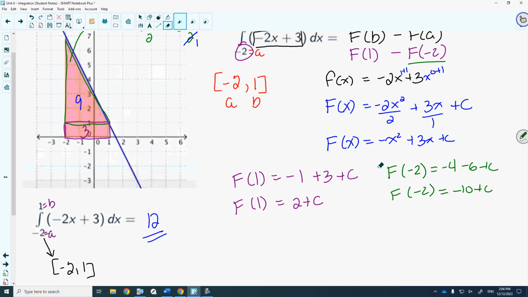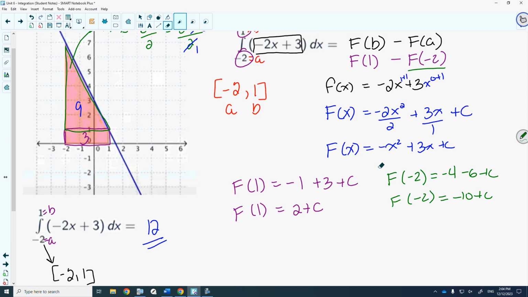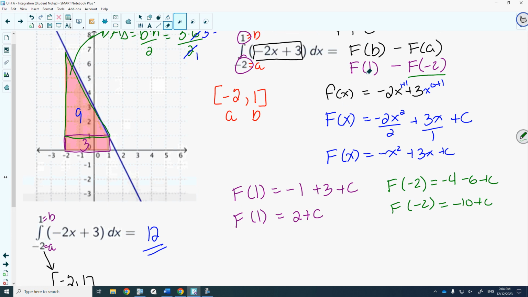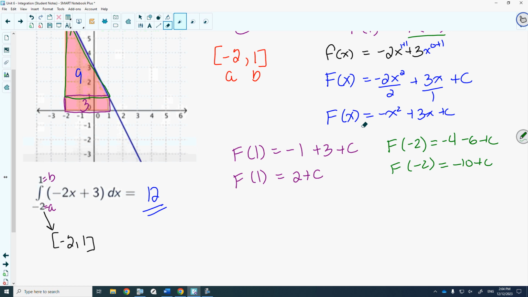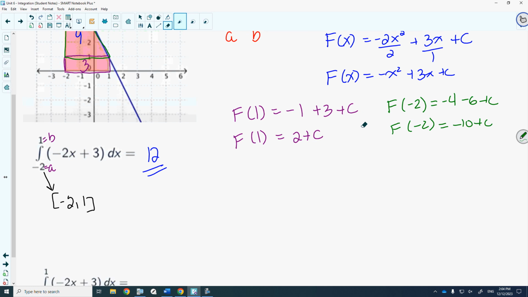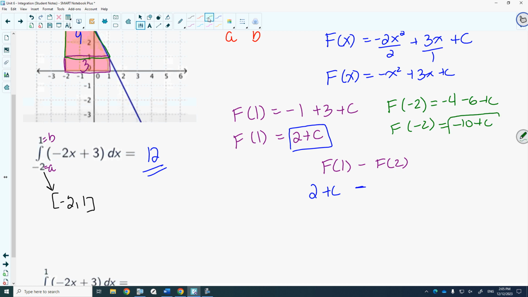Okay, so according to the fundamental theorem of calculus, we're going to get the area under the curve if we evaluate F of 1 minus F of negative 2. So let's figure out what that is. F of 1 is 2 plus c, minus F of negative 2.